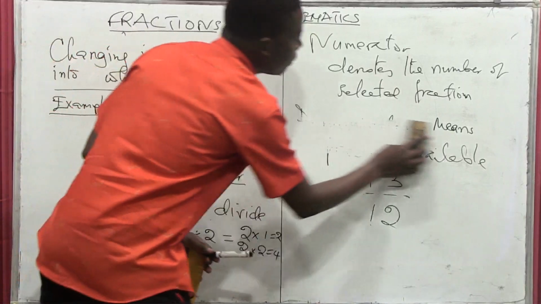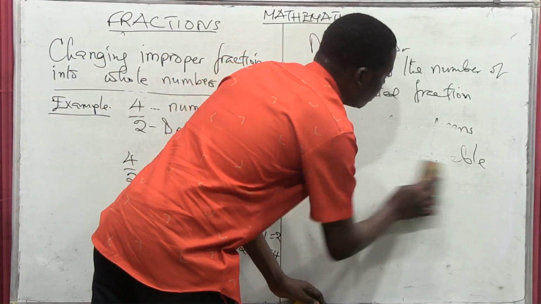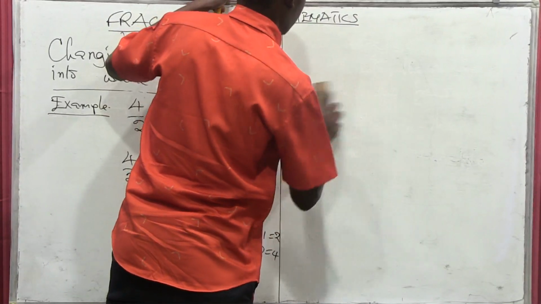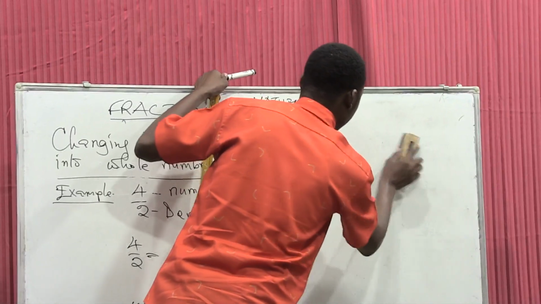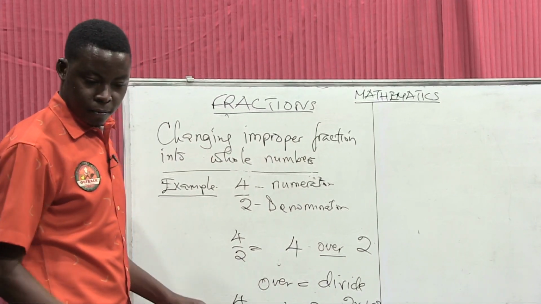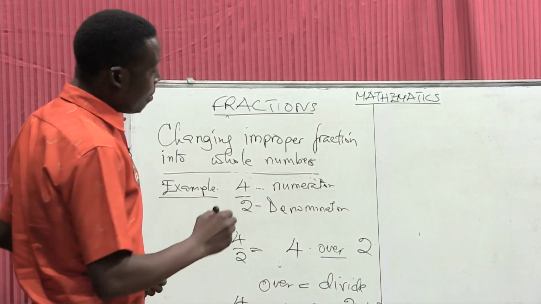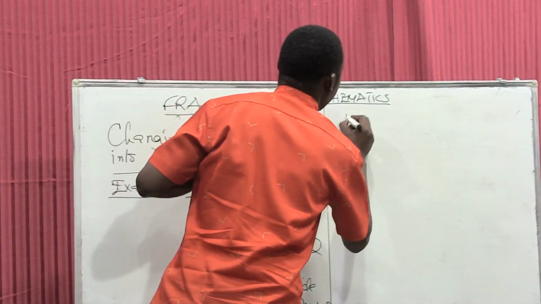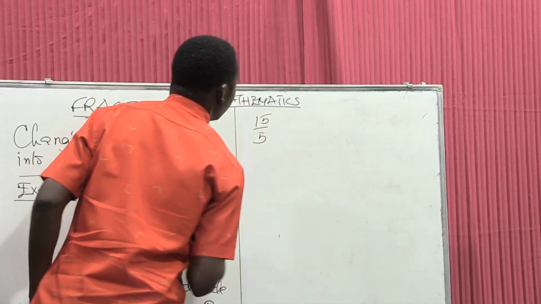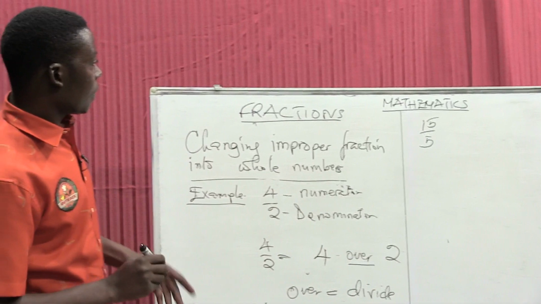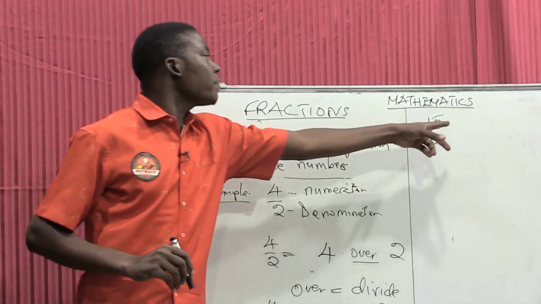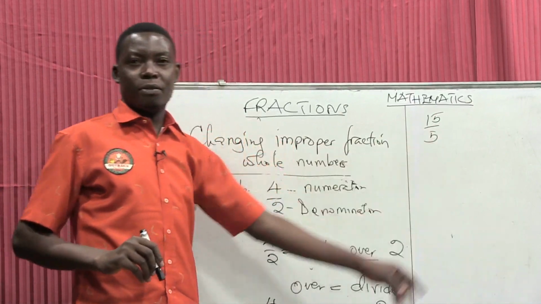Another example is 15 over 5. That means take 15 things from 5 things.